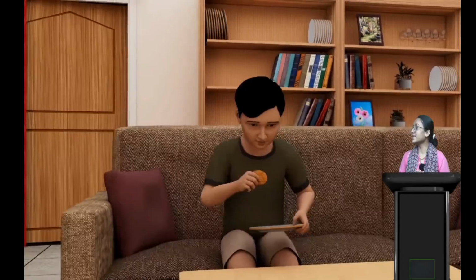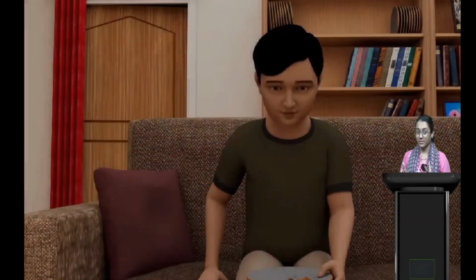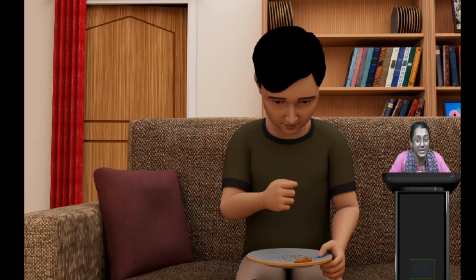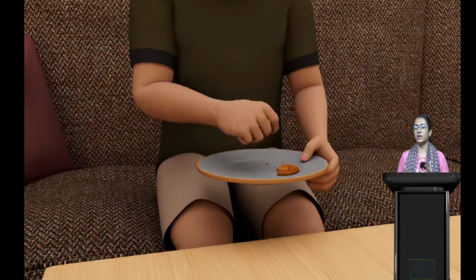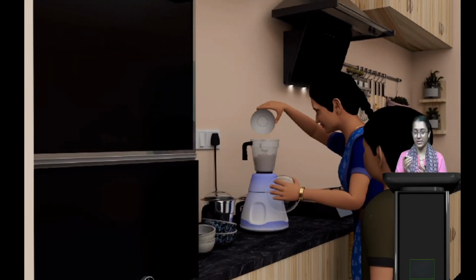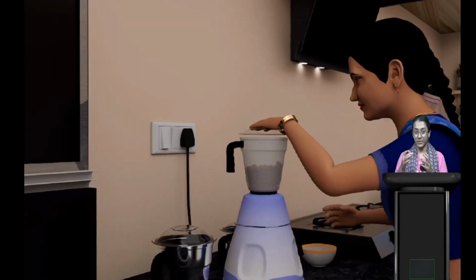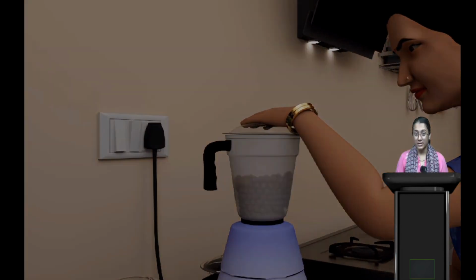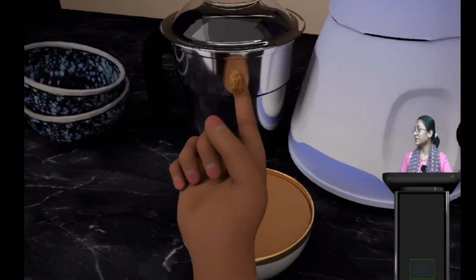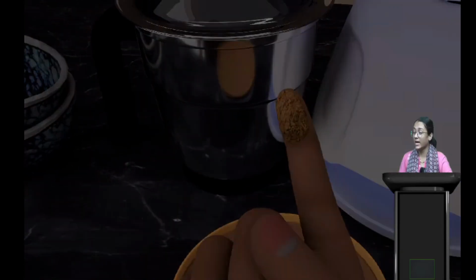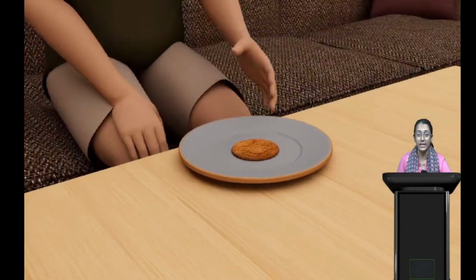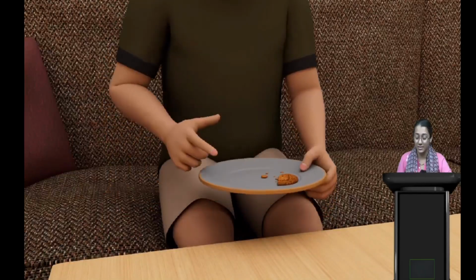See, there is this one cookie, isn't it? The boy is eating that cookie. You students also sometimes eat cookies, right? Have you ever observed that whenever we are eating cookies, some small particles get detached from that biscuit, right? And see, his mother is grinding some nuts and making smooth particles from it, isn't it?